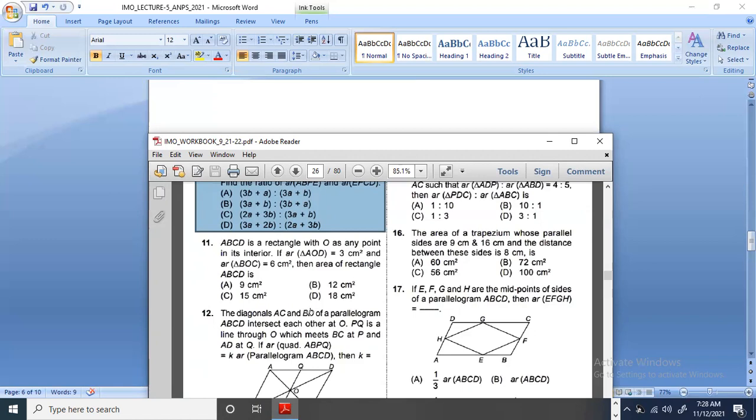So question number 11 says ABCD is a rectangle with O as any point in its interior. Okay, so O is an inside point. So let us do this.